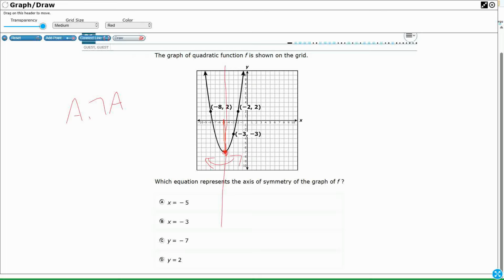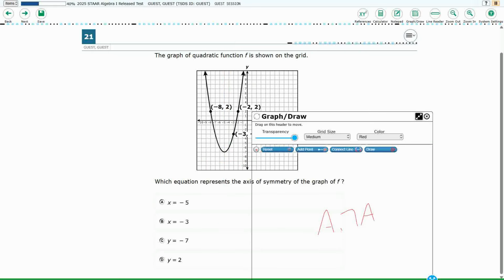If I could draw that straight there, right? And that's the x value. X equals negative 5. And that's all we're looking for. We're looking for what x value do we need in order for it to be exactly the same on either side. And that would be x equals negative 5. So that is our answer.